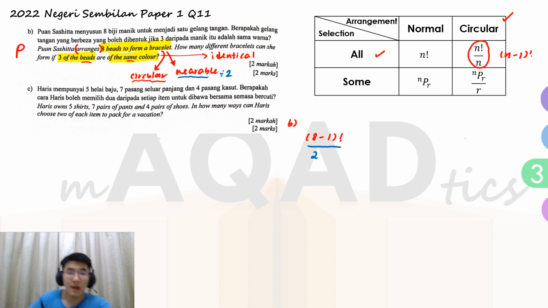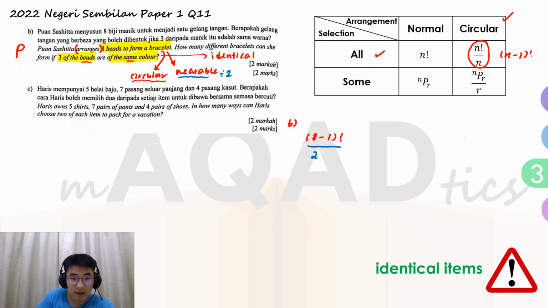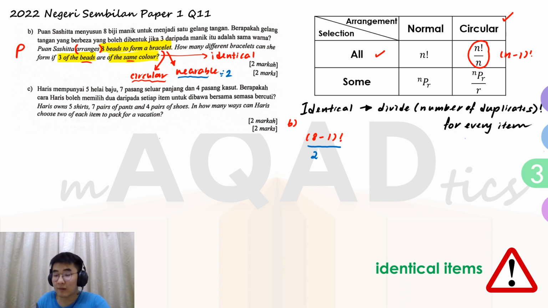Okay, so for the third condition, it will be identical. For identical objects, we need to do this. For every item that has duplicates, we need to divide by a factorial, and the number of that factorial would be the number of duplicates.